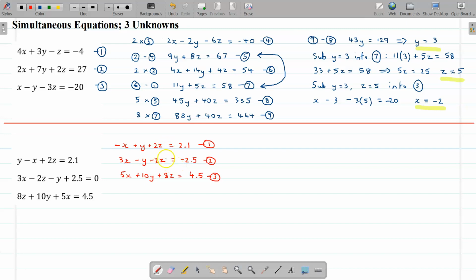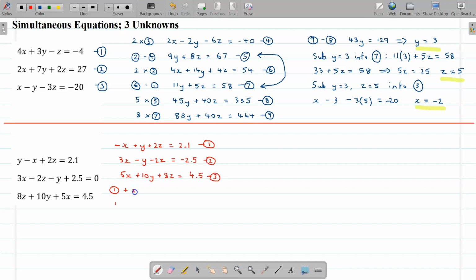If I were to add together these two equations as they are now, without doing anything more to them, I would immediately eliminate both y and z, which would enable me to find x very quickly. So actually, this is quite simple to quickly establish what one of the variables is. So I'm just going to take equation 1 and equation 2 and add them together. Okay, so 1 plus 2.